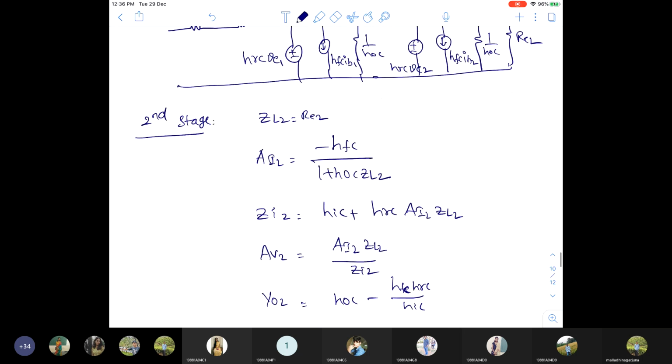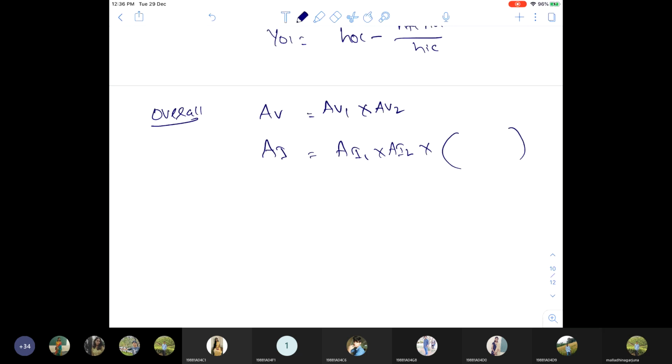If we have output resistance and input impedance separately, of course in the circuit you will be having the input impedance of the second stage only, one resistance. Maybe both opposite directions, you will get IB2 equal to minus IC1. That's only the difference. You will not get this term, because there is no resistance between the first stage and second stage.